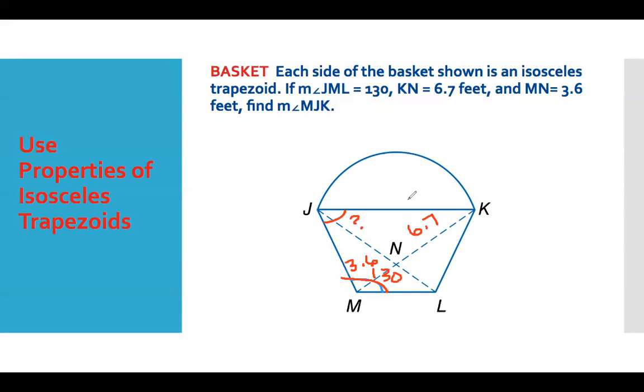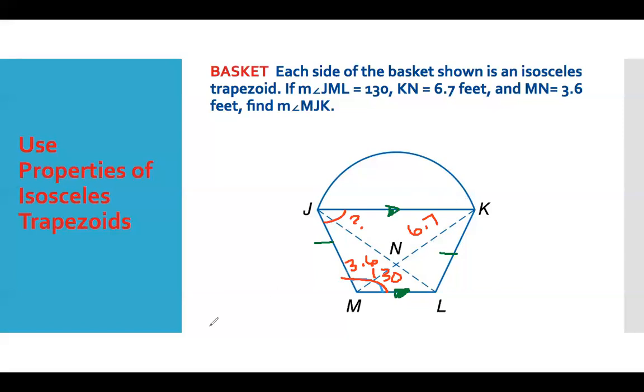Okay, so if this is an isosceles trapezoid, there's some other things that we can put on here as well, right? So if it's an isosceles trapezoid, we know that these two sides are parallel, right? And we know these two sides are congruent, okay?